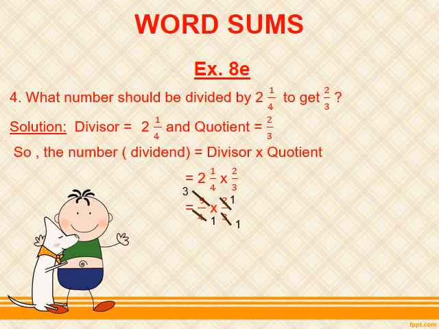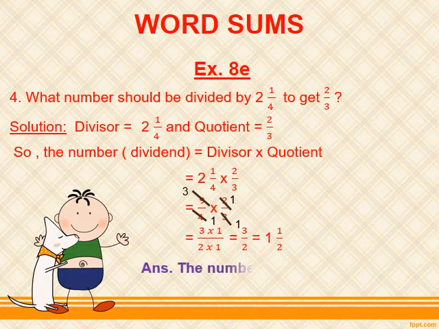So now what is left? Well, 3 multiplied by 1 upon 2 multiplied by 1, which in turn is equal to 3 by 2. And since 3 by 2 is an improper fraction, let's change it into a mixed fraction. So it becomes equal to 1 1 by 2. So our answer is, the number is 1 1 by 2.